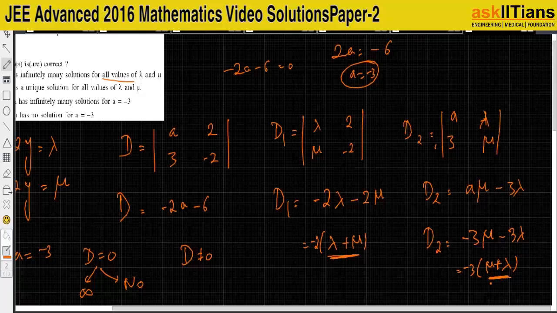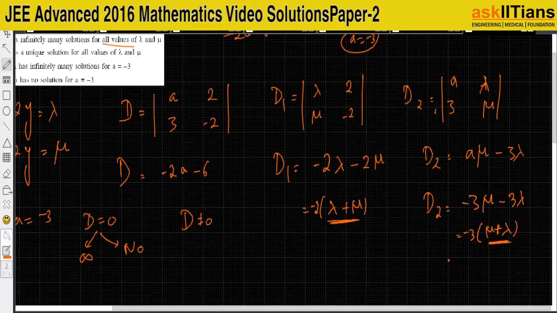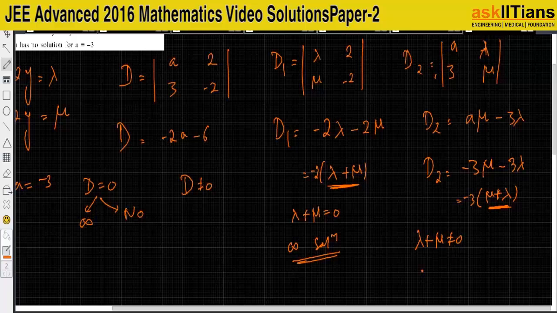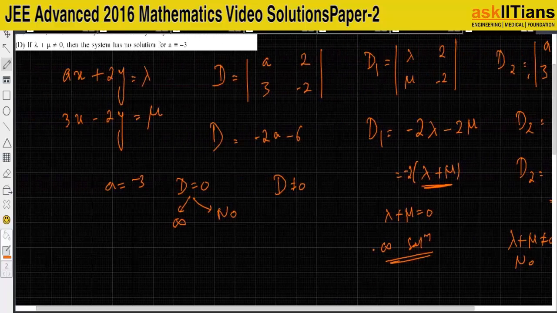If lambda plus mu is equal to 0, then I'll get infinite solutions, because in that case D, D1, D2 everything will be 0, and if lambda plus mu is non-zero, in that case I'll get no solutions.